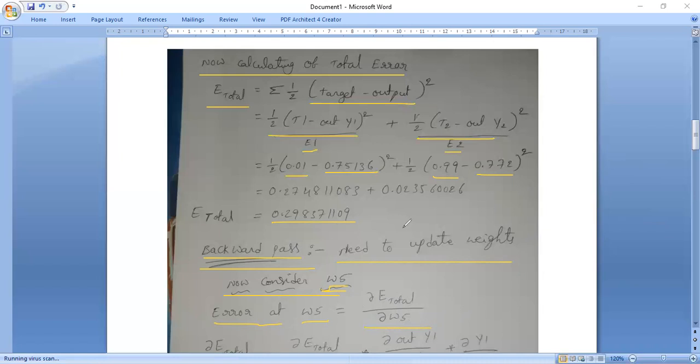Actually, W5 does not appear directly in E total. We already have the formula of E total, and we can't find the W5 value within this formula. So this can be split into 3 parts.